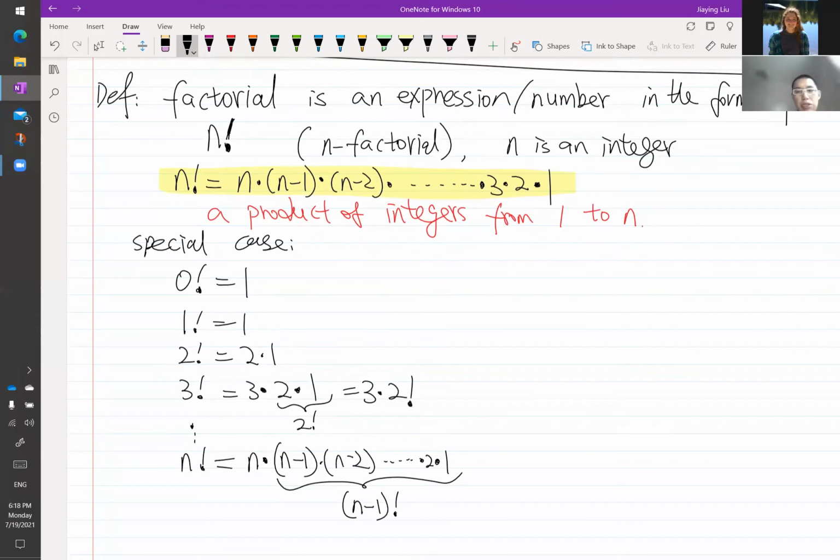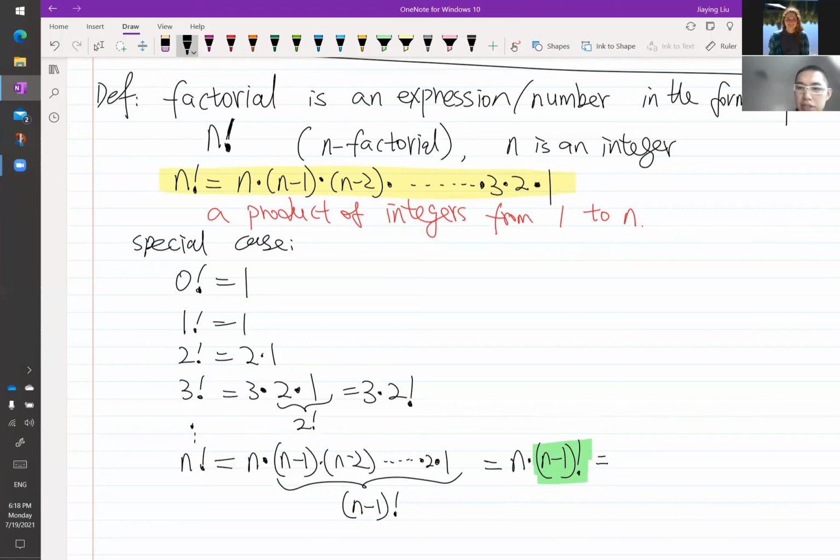You multiply integers from 1 to n minus 1. That's what we call n minus 1 factorial. So n factorial you can write as n times n minus 1 factorial, but the factorial only applies to n minus 1. It's not n times n minus 1 together factorial. It's just the second term.